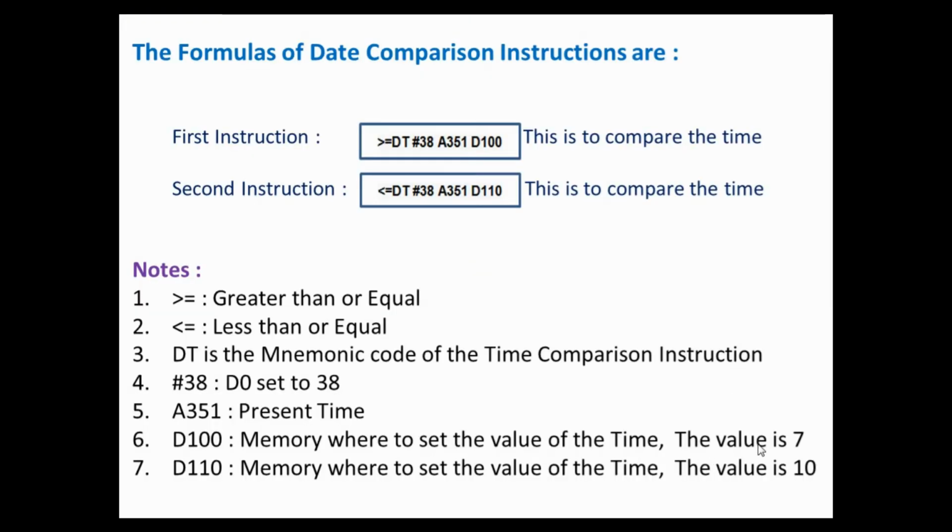You can see the value of the setting time is 7 at D100, and the value of the setting time is 10 at D110. Okay, let's continue to the program again.